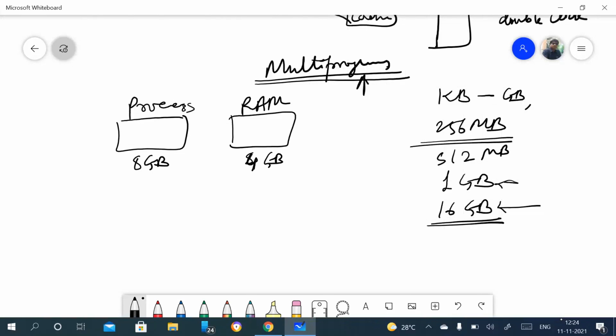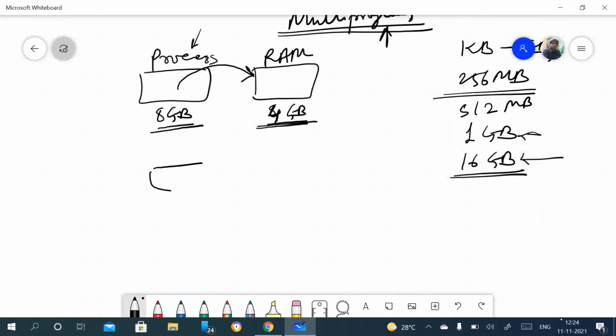Now in this case, can we execute or open this process? The answer is no, because the size of this process is 8 GB and the size of memory is 4 GB. So we cannot bring the entire process into the primary memory because the memory is very small. Right?